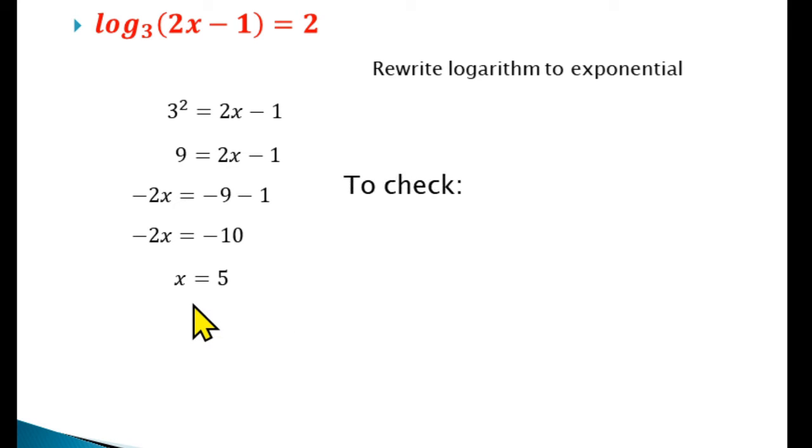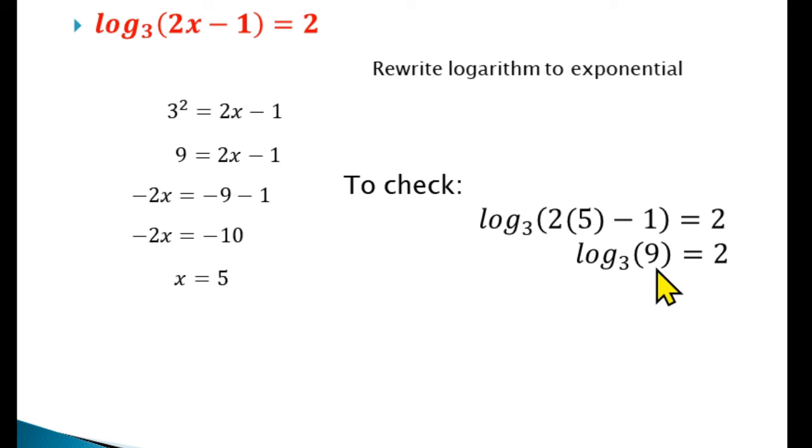To check if our answer is correct, we simply substitute again our x value into our original logarithmic equation. So we have the logarithm of the quantity 2 times 5 minus 1 with base 3 equals 2. 2 times 5 is 10, minus 1, that is 9. So we get the logarithm of 9 base 3 equals 2.